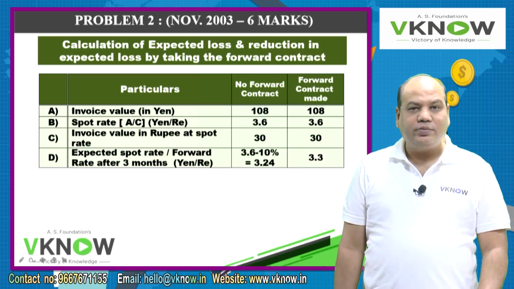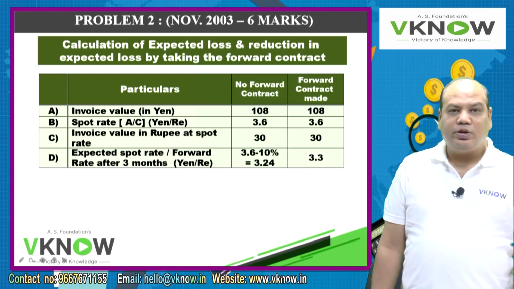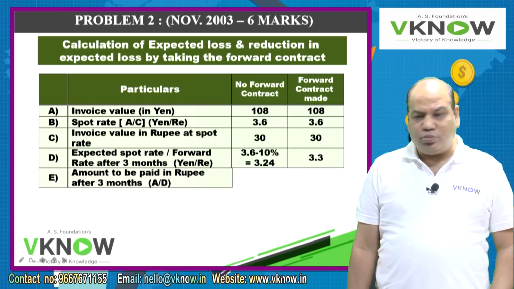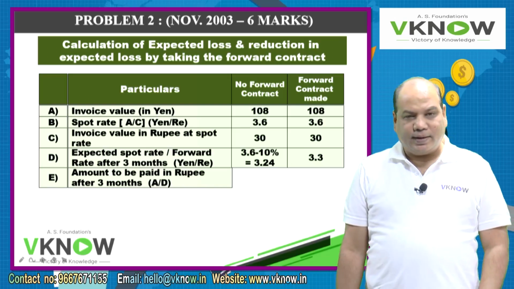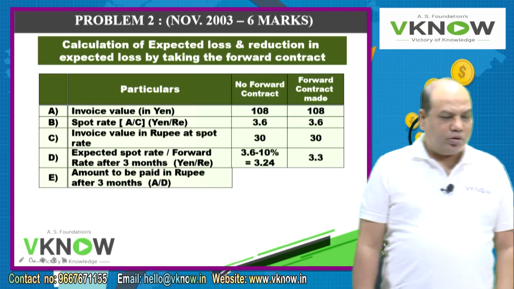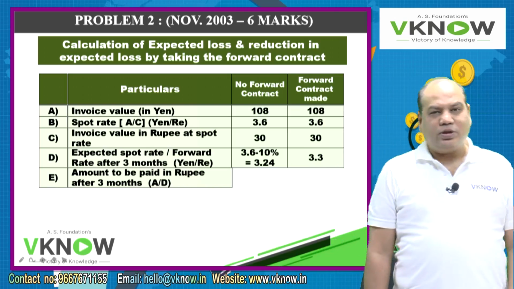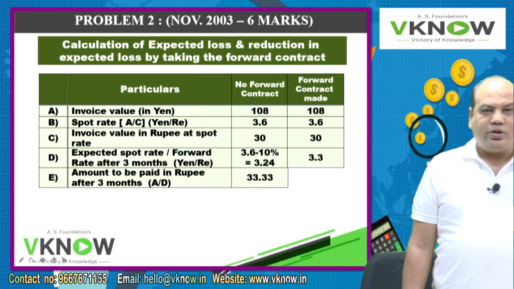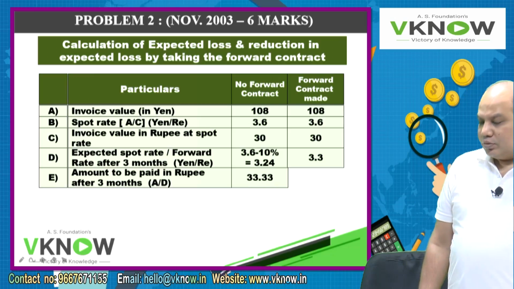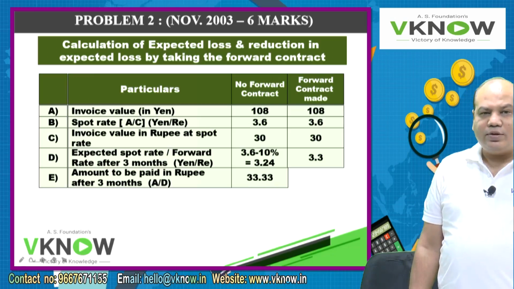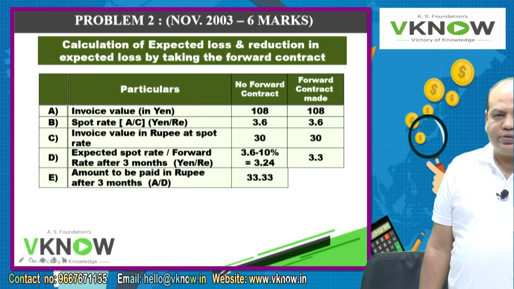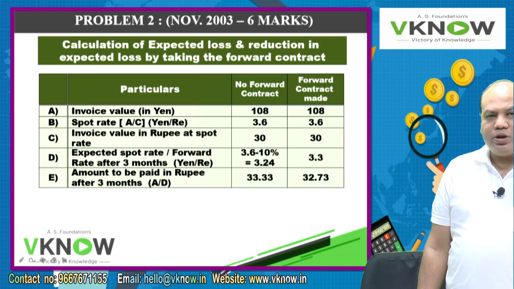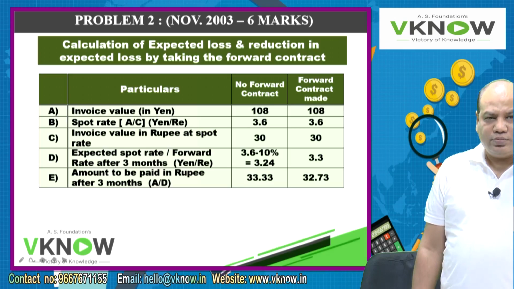Forward rate is given 3.30. Now write down amount to be paid in rupees after 3 months. In bracket rupees lakhs. 33.33, and in the next column 32.73.